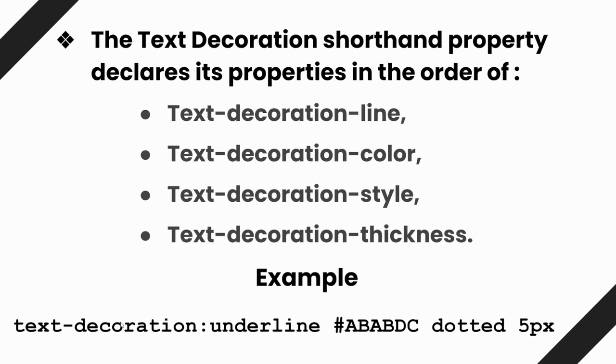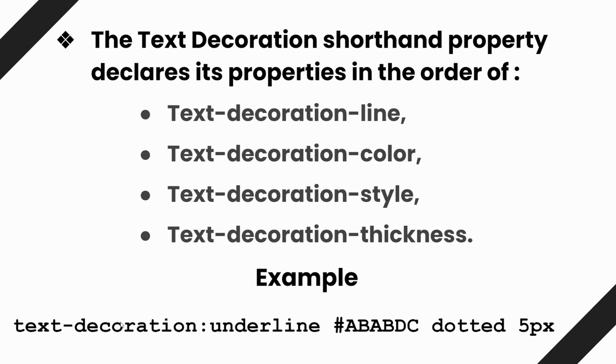Then it's followed by the value hashtag ABABDC, which is a hexadecimal color format, and this is represented as the text decoration color. Thirdly, you can see the dotted value, which is represented as the text decoration style property in this shorthand.